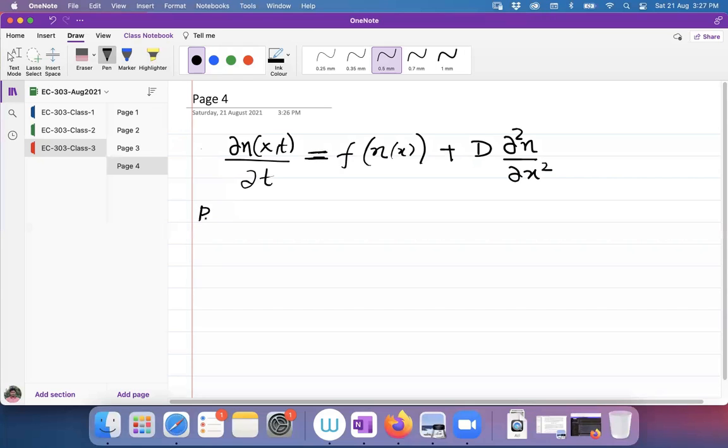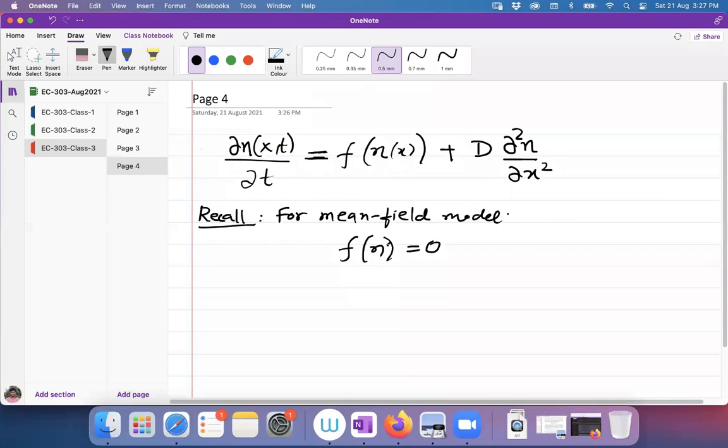Let's recall that when we had a mean field model, we found equilibrium by how? We found equilibrium by setting f equal to 0, giving equilibrium solutions, right?